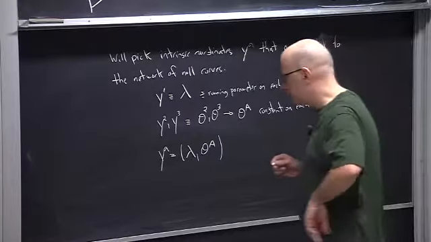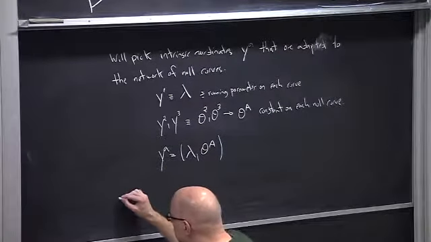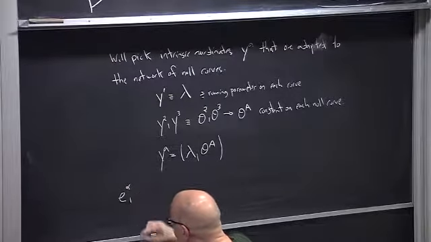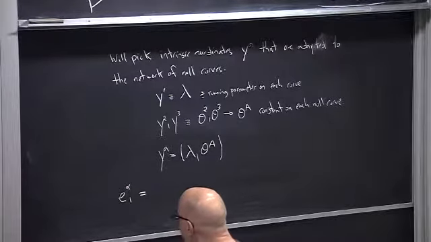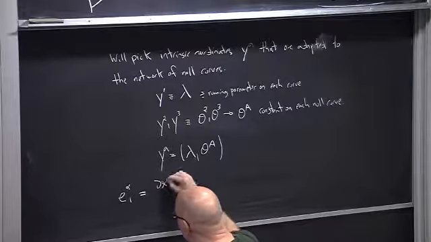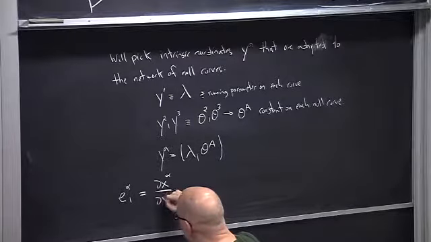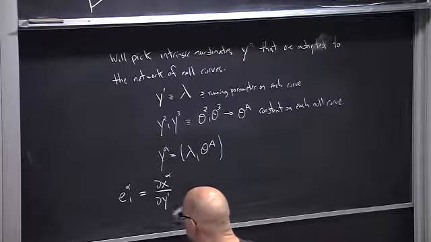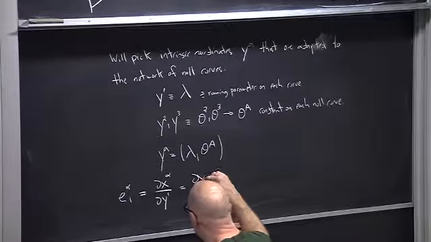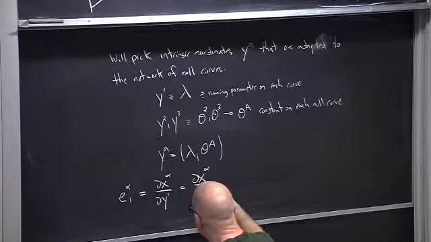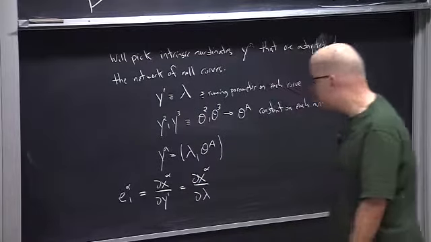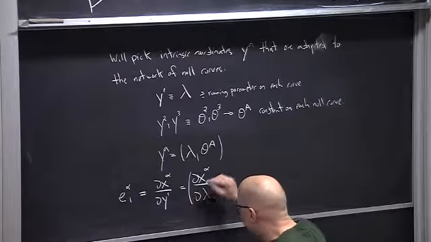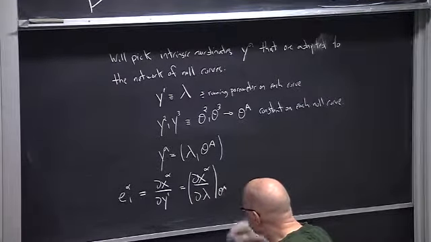Let's look at e alpha 1. E alpha 1 is the derivative of my space-time coordinates with respect to y1 as I go on the hypersurface, which now we've agreed is a derivative of x alpha in the direction of lambda, keeping the other intrinsic coordinates constant.